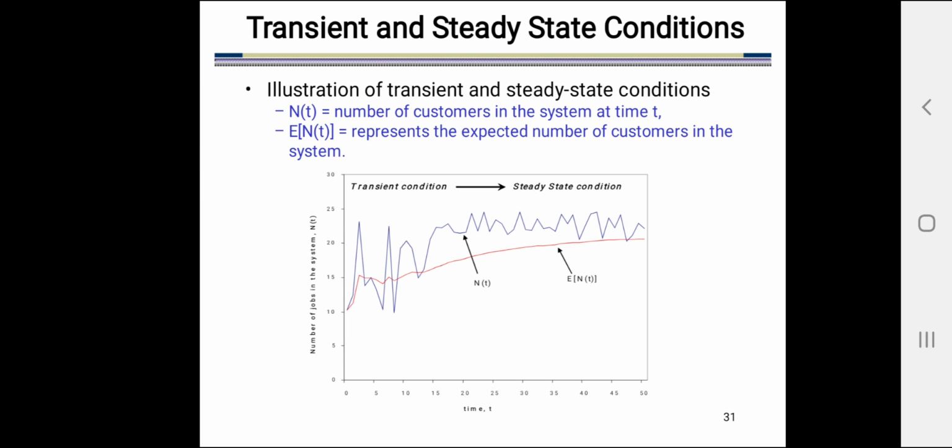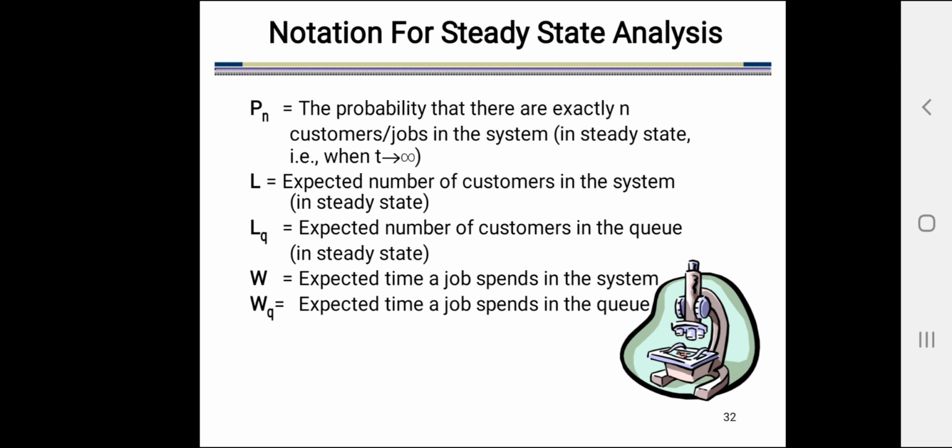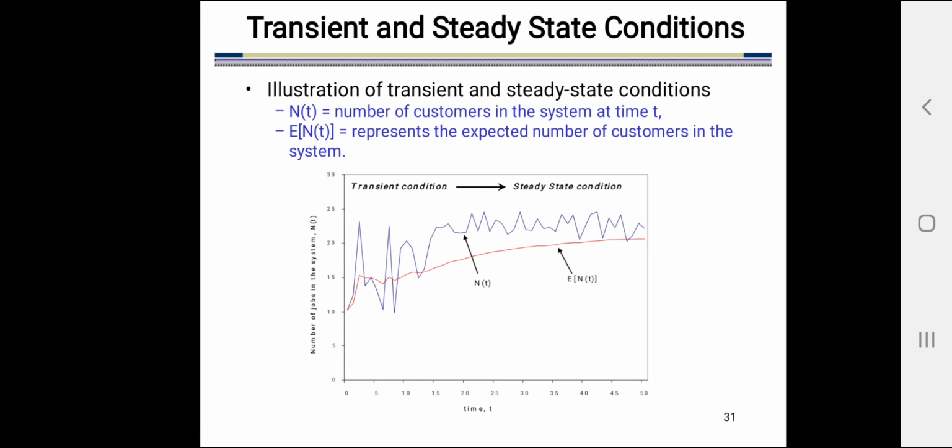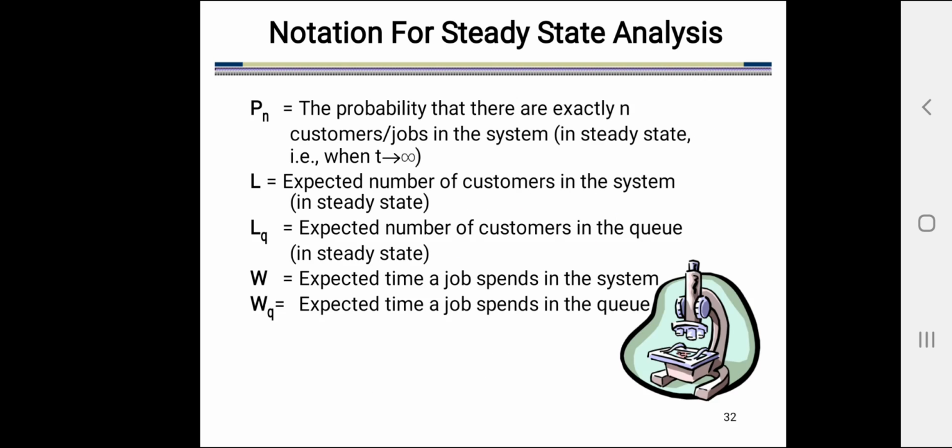You can see here N(t), the number of customers in the system at time t, represents the expected number of customers in the system. The notation for steady state analysis: Pn is the probability that there are exactly n customers or jobs in the system in steady state. Capital L is the expected number of customers in the system.